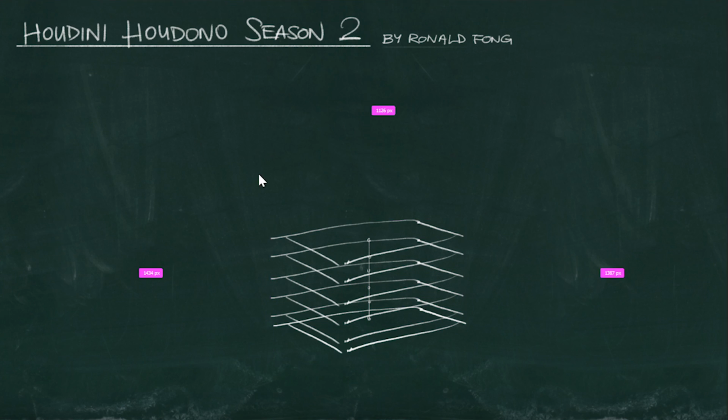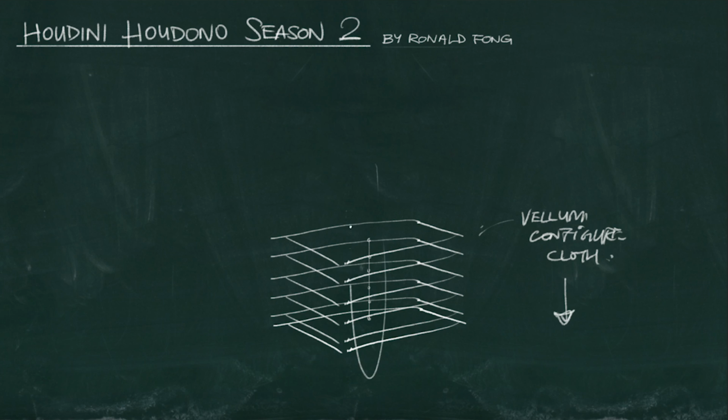Once we are done with that, we could configure this whole piece of geometry as a Vellum configure cloth. And inside that node, we could pin all the center points, perhaps grouping them up with a selection like that. So I'll draw a selection, and we could group the selection up like this.